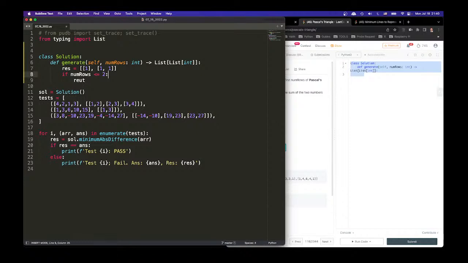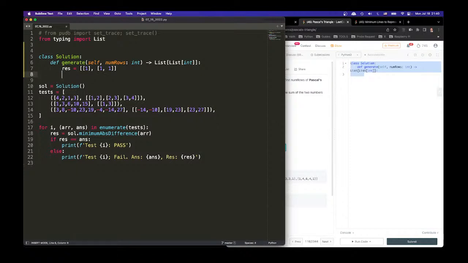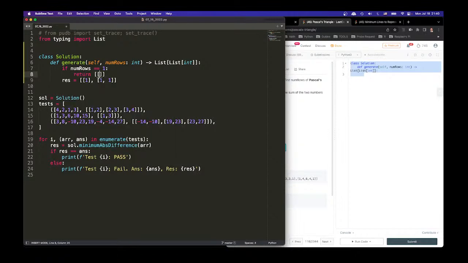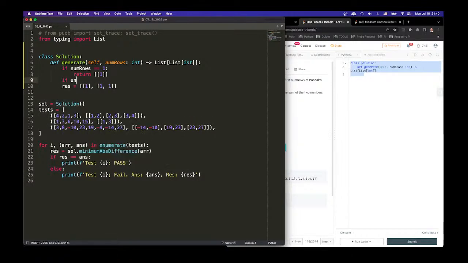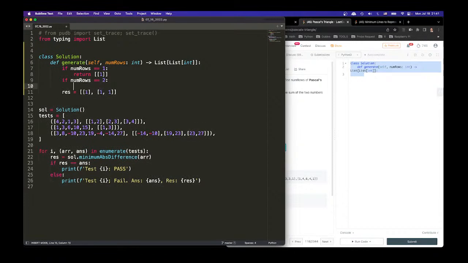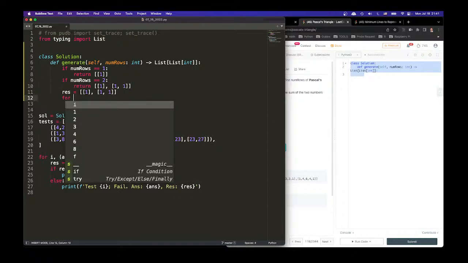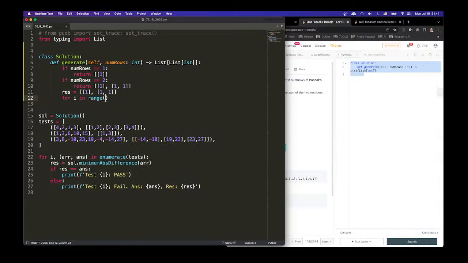Well, actually no. If num rows is equal to 1, return 1. If num rows is equal to 2, return 1, 1. Else, okay, for i in range from 3 to num rows plus 1.